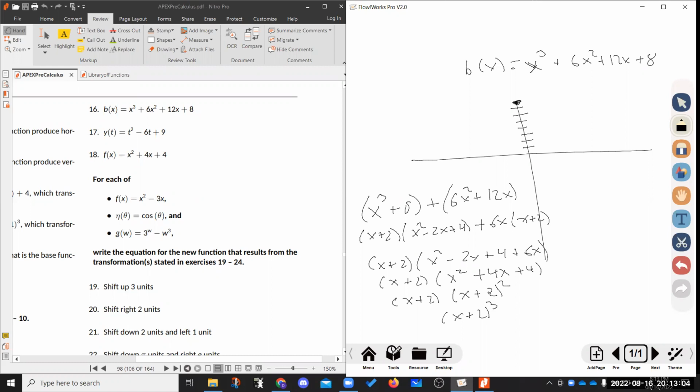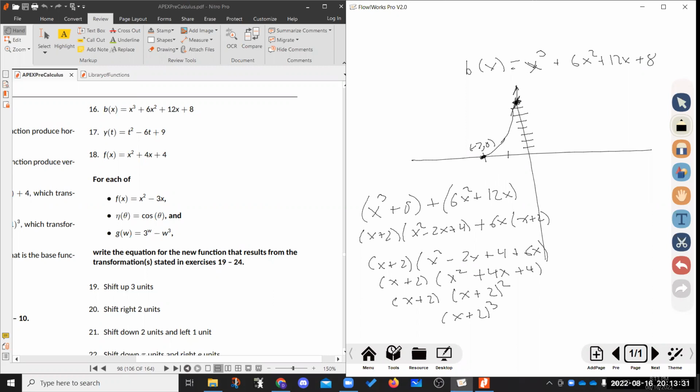So there we go. So this is going to be a cubic function that is going to be shifted 2 to the left. So we have 2 to the left is going to give us -2, 0. And we're going through 8 there.